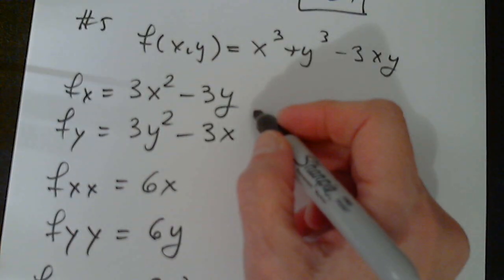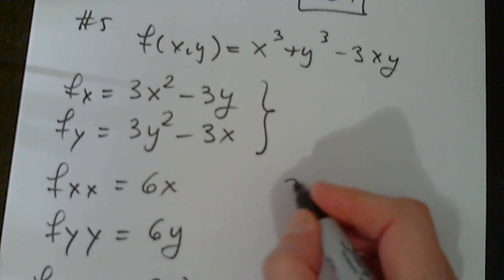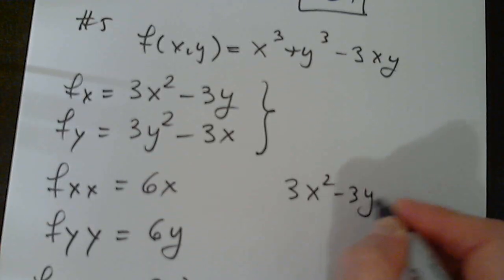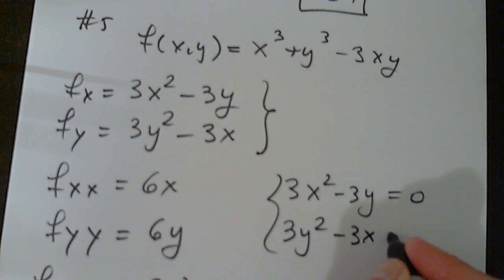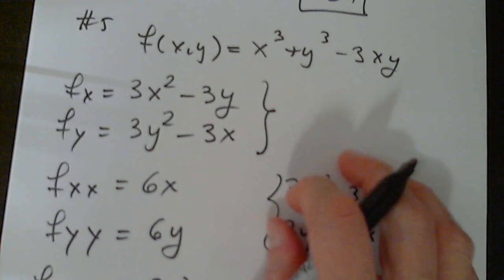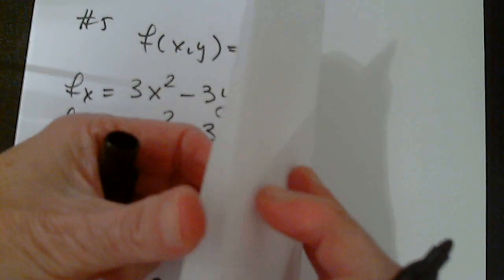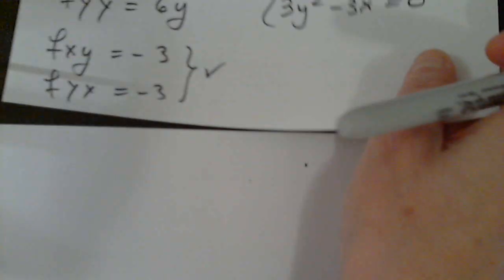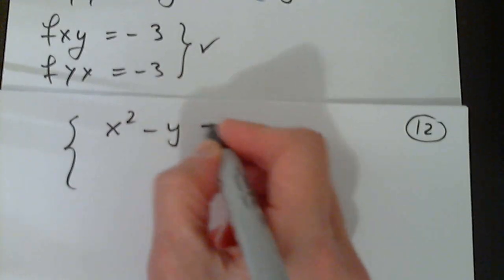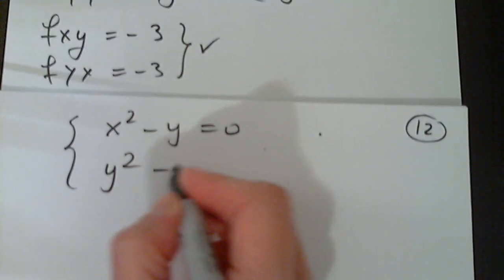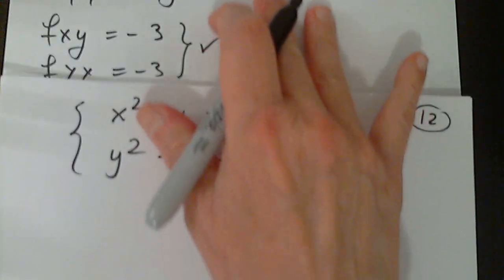Now, this is what I need. So 3x squared minus 3y equals 0, and 3y squared minus 3x equals 0. From here I get point or points. We'll see in a moment. Of course, I'll divide both equations by 3. I have x squared minus y equals 0, and I have y squared minus x equals 0.